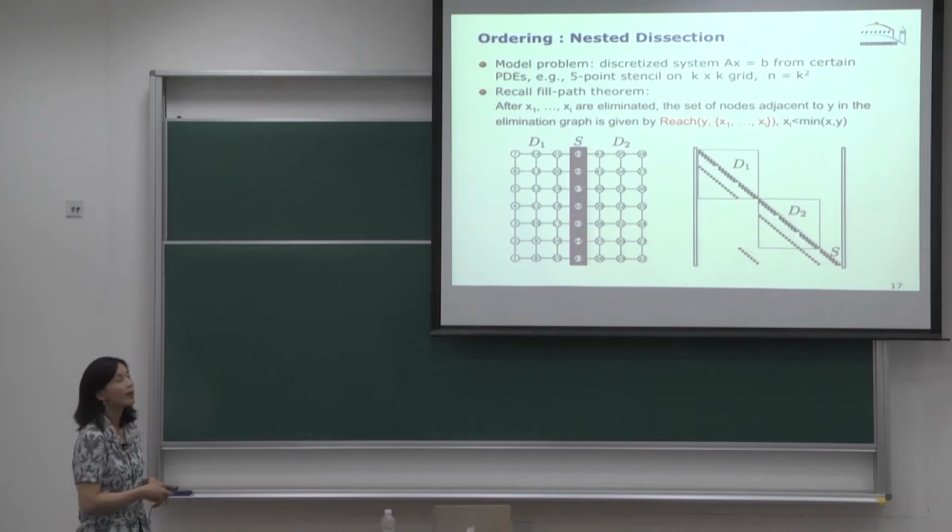Okay. And then I have a second question: what do you think, after elimination, this piece, all these 7 by 7 matrix, which corresponds to here, what does the sparsity structure look like?